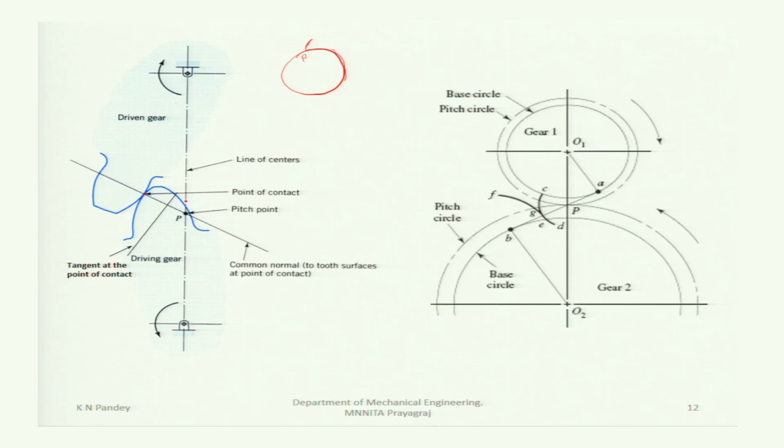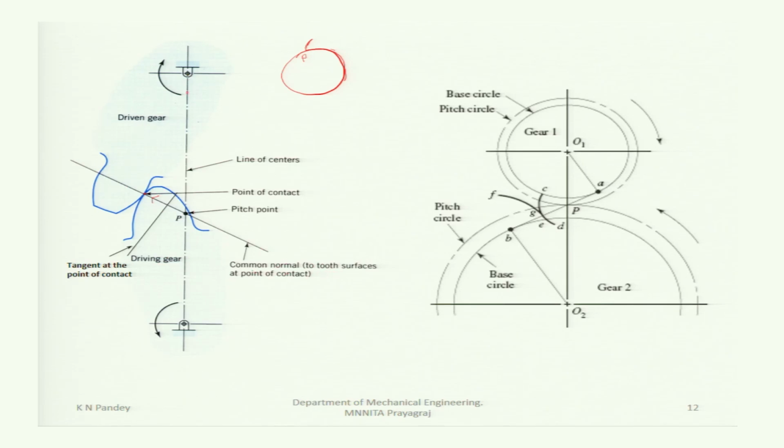Because in that case the point of contact or the line of action, this is the line of action, because this is the point of contact, and the common normal at the point of contact is the line of action. Along this the force will be applied by the driving gear to the driven gear. In this way the force will be applied by the driving gear on the driven gear, and so this is the line of action or the common normal at the point of contact to the two surfaces.